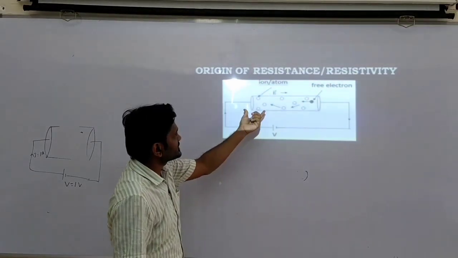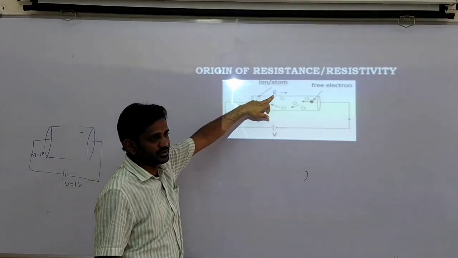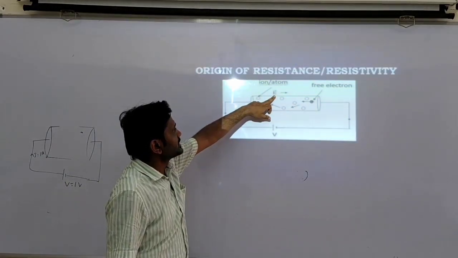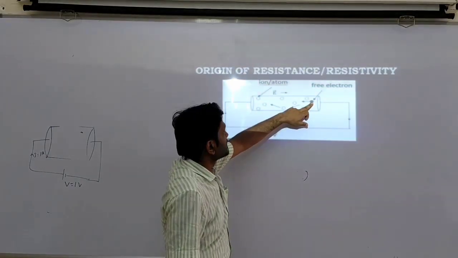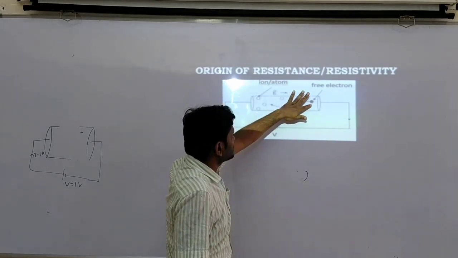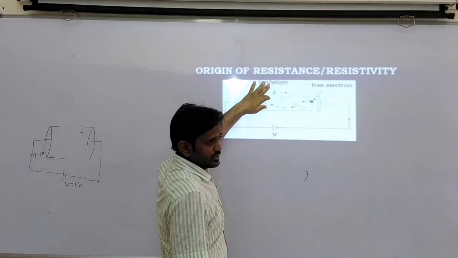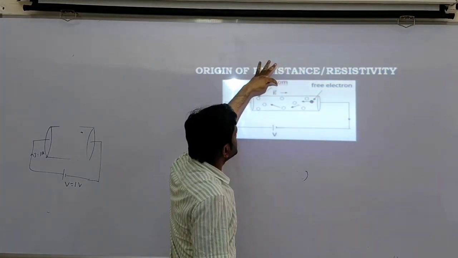When the potential difference is applied across this conductor, an electric field is set up. This electric field exerts some force on these free electrons. That's why these are moving with some velocity, or these are accelerated opposite to the direction of this electric field.